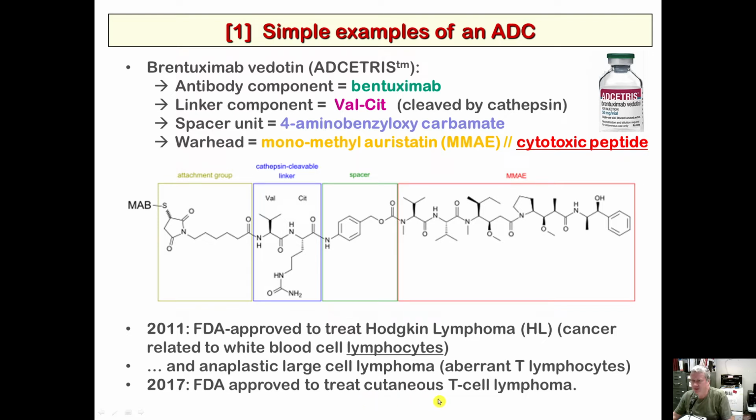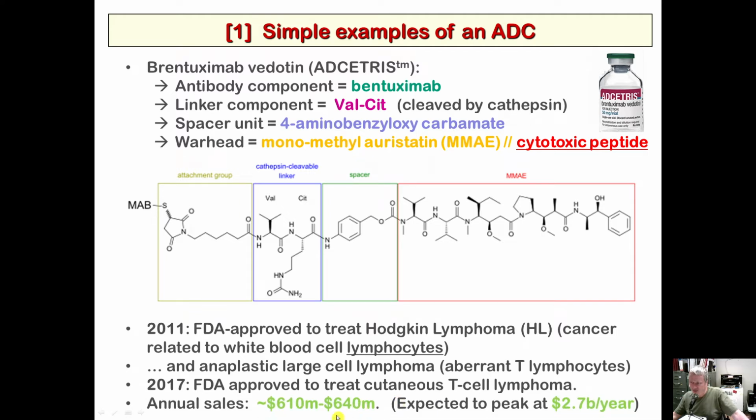So it's a pretty well established antibody-drug conjugate used to treat cancer. Annual sales are $600 million, and this is expected to peak at around $2.7 billion. So these drugs make a lot of money, and that's why a lot of drug companies are interested in them, as a novel way to treat disease, often with fewer side effects.